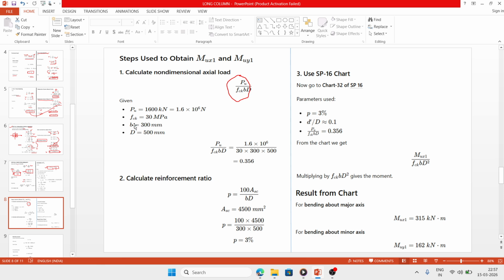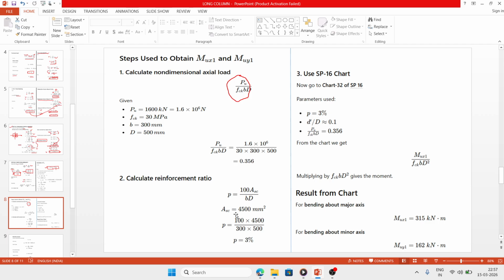FCK is given, B is given 300 mm, and D is given 500 mm. So PU by FCK BD, we just got 0.356.